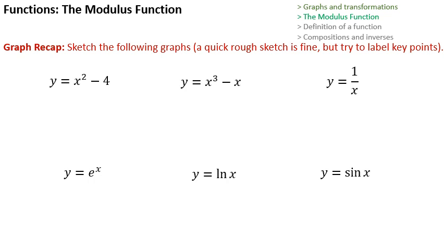So our first one here, y equals x squared minus 4, there are a couple of different ways you might have approached this. You might start by factorizing the right-hand side. It's a difference of two squares, so we get x plus 2 in one bracket and x minus 2 in the other bracket. And that helps us to more easily see the roots of the equation.